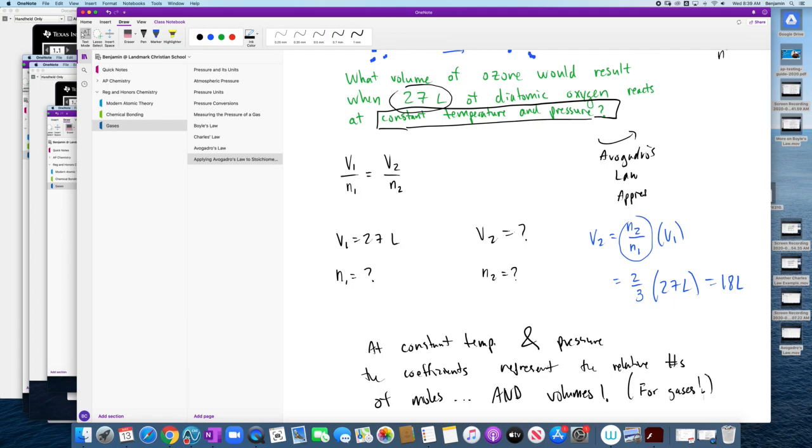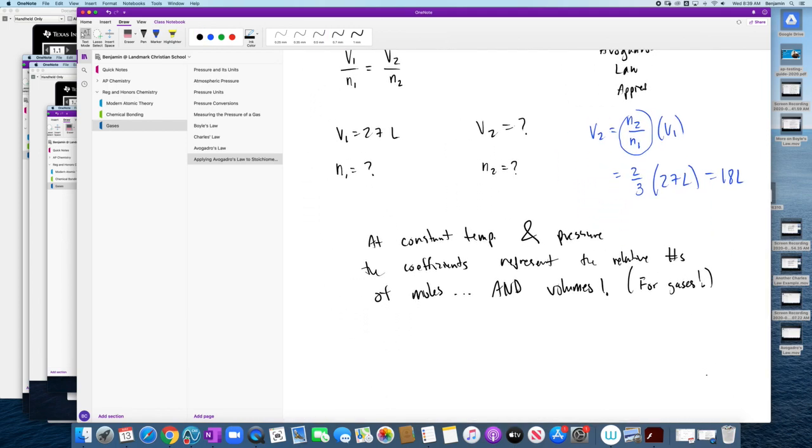Let's look at one more example here. Let's say we have the combustion of hydrogen yielding water vapor. And let's say this is happening at a really high temperature, so the water just stays in the gaseous state.